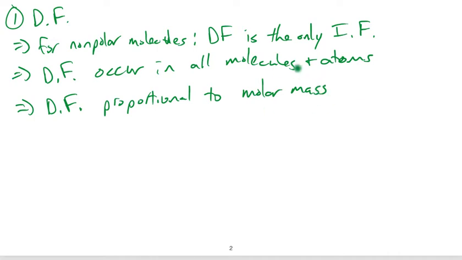As the molecule gets larger, its dispersion forces become larger, and as a result it's more likely to be a solid at room temperature, and the boiling and melting points are high.